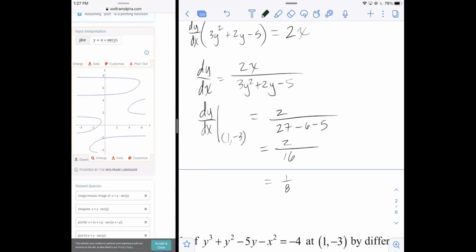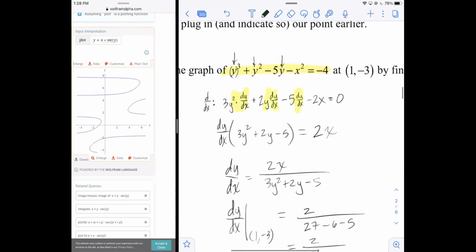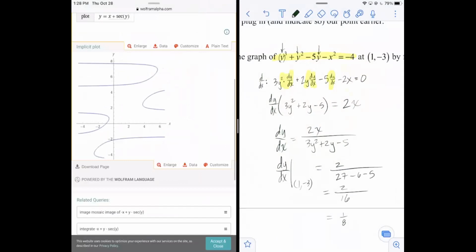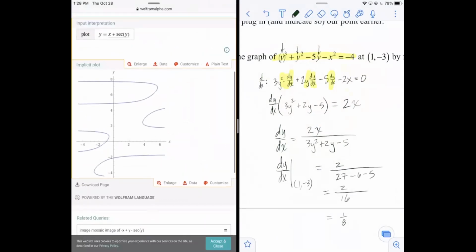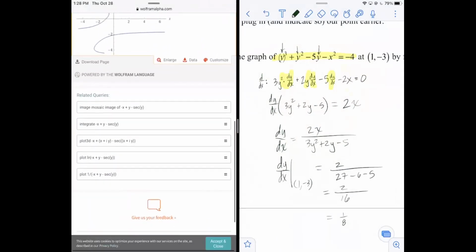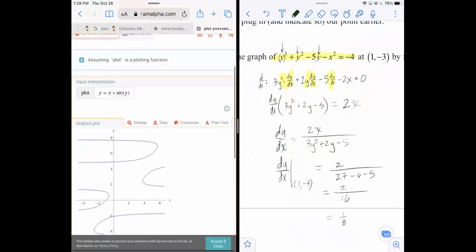Pretty shallow slope. I'm curious what the graph looks like, aren't you? Let's see if we can graph this puppy and go to the place on the graph (1, -3). So I'm going to come over here back to Wolfram Alpha and let's see. Well, let me put a new one.